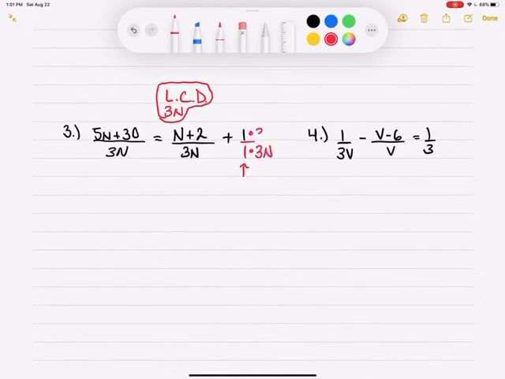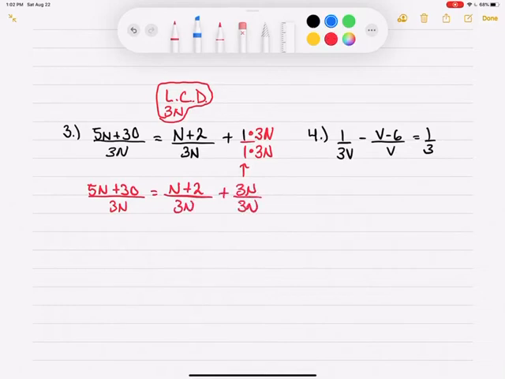So I'm really not having to do a whole lot here, guys. I'm just going to copy down what I have. 5n plus 30 over 3n equals n plus 2 over 3n plus 3n over 3n.